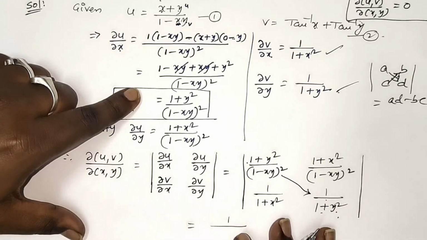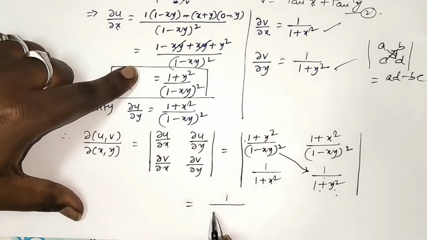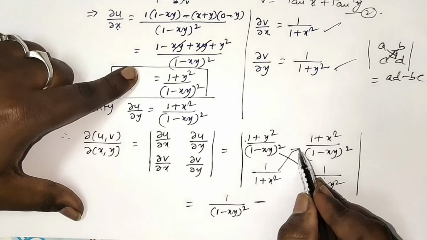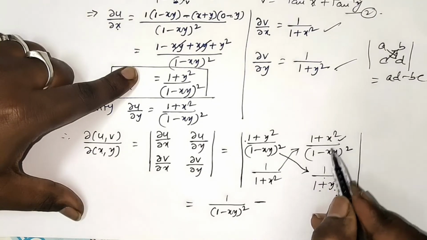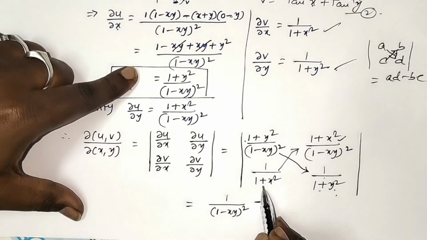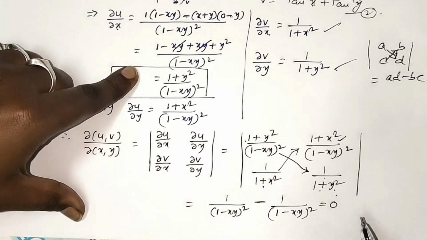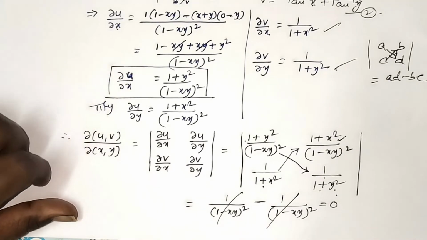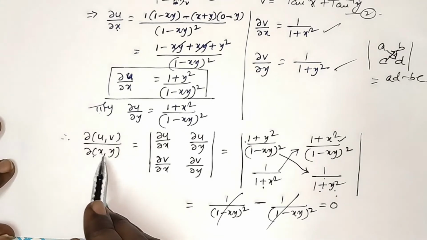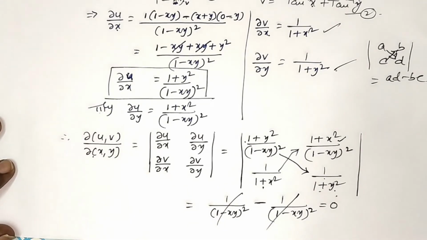Simply you will get 1 by the denominator, (1 minus xy) whole square, minus, multiply these two terms. Here the numerator is 1 plus x square. Here in the product the denominator is 1 plus x square. These both get cancelled. Simply you have 1 by (1 minus xy) whole square, minus 1 by (1 minus xy) whole square, is equal to 0. So these both get cancelled. That's why you are getting the Jacobian of u, v with respect to x, y equal to 0.